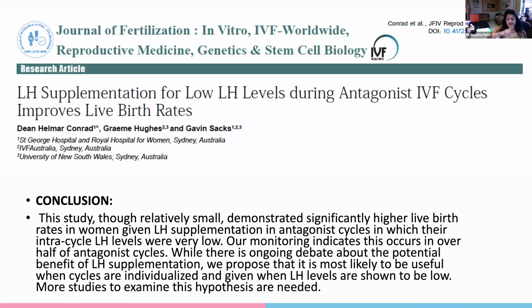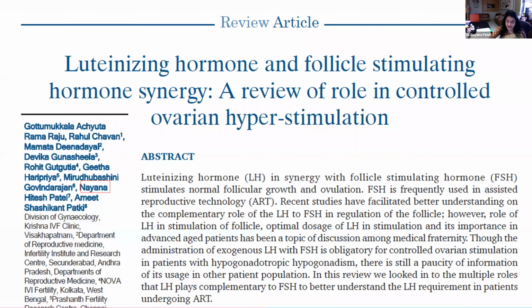So this occurs in half of the antagonist cycles, and this is from Australia, and they showed that 50% of patients where you give antagonist will have a reduced LH, a drastic dynamic fall, and that's why they will not give competent oocytes. You get 20 oocytes but mature 8, 7. So these are the patients who will definitely need it, and therefore it is wise to supplement LH in this group of patients. More than 50% they identify.